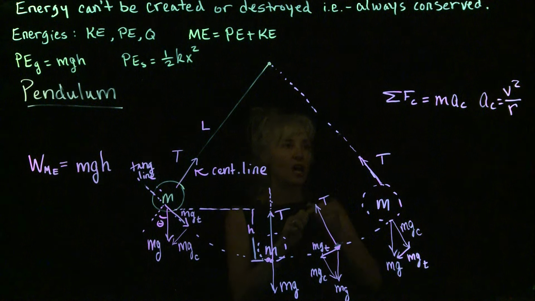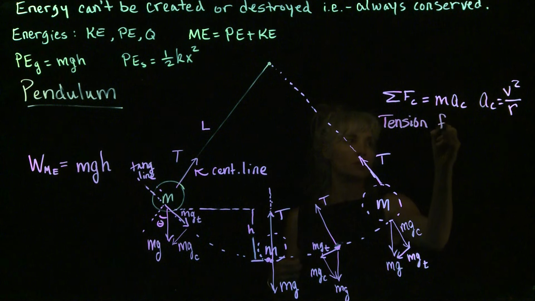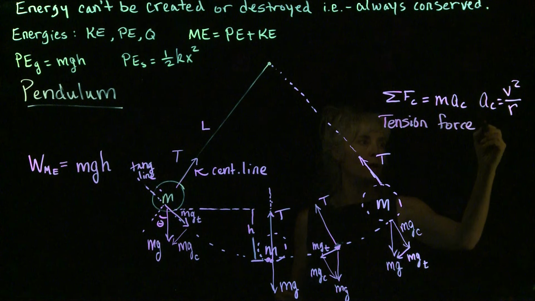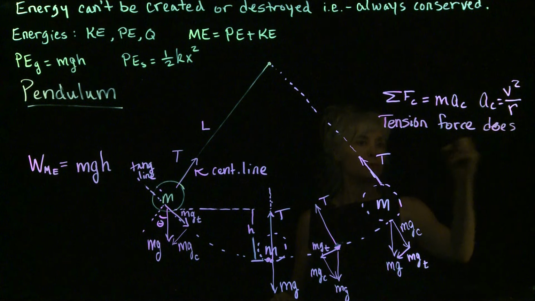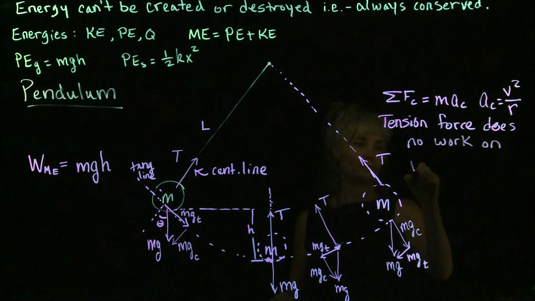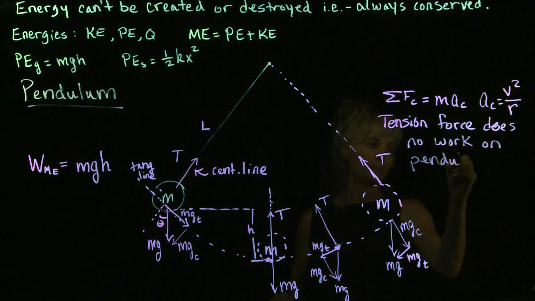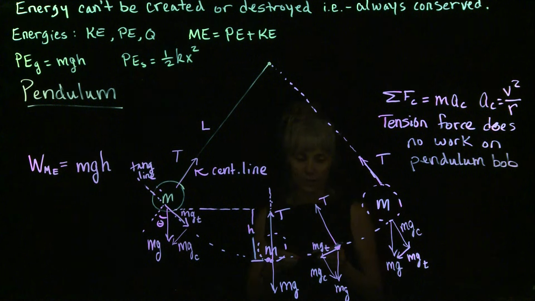Tension force does no work for the pendulum bob, because it's always at a right angle to the bob's displacement.